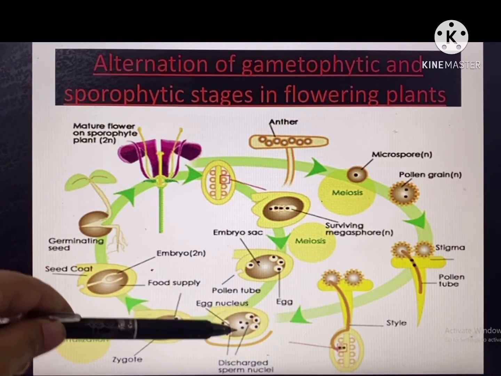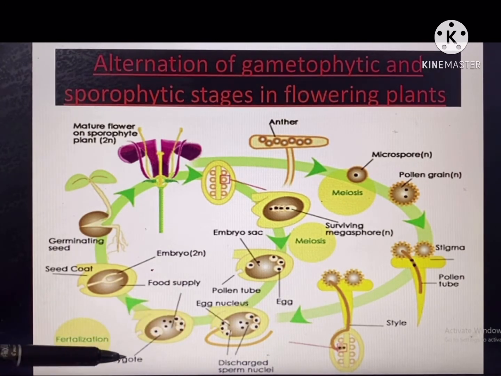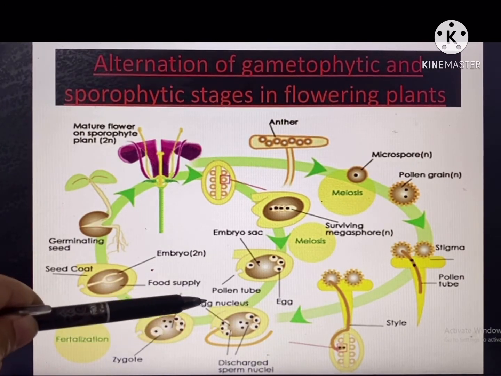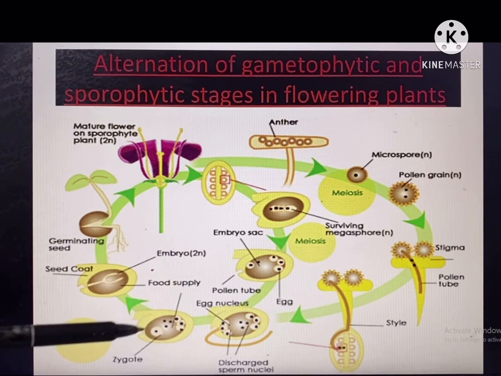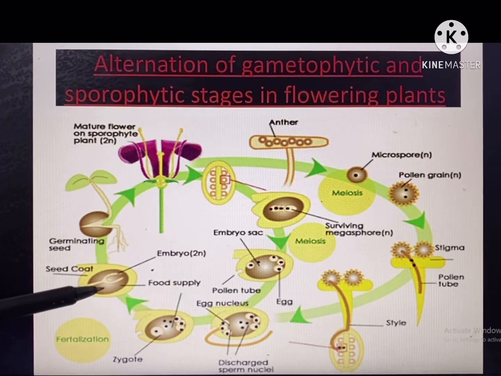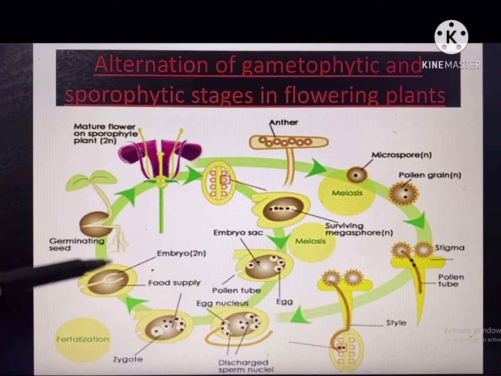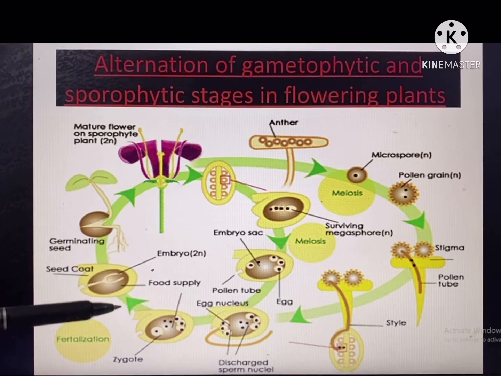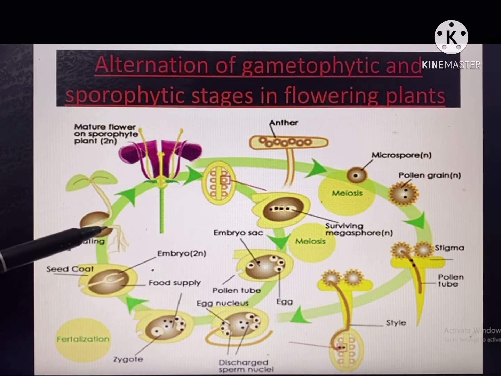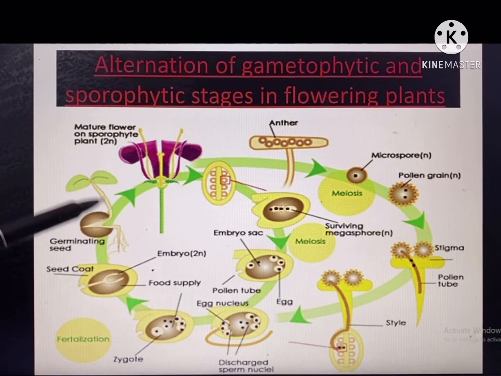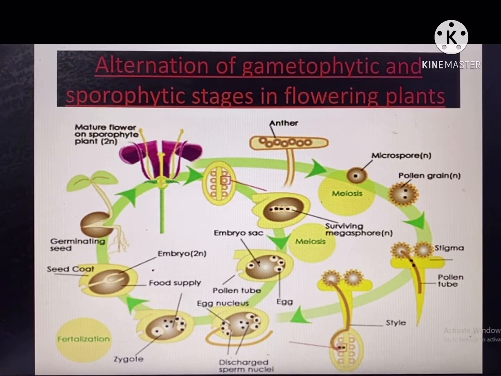From there, after fertilization, the zygote is formed and the secondary nucleus turns into the triploid endosperm. Gradually they turn into a seed coat, and after germinating and penetrating the seed coat, the embryo emerges as a plantlet. That's the plantlet, and after maturity, flowering occurs. That's the overall basic idea.